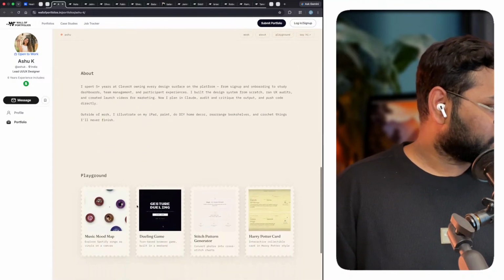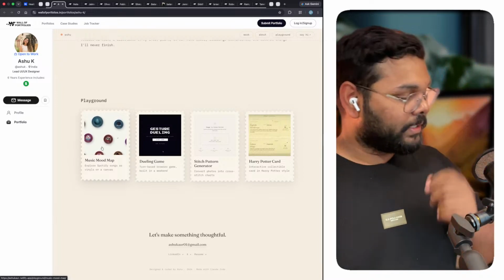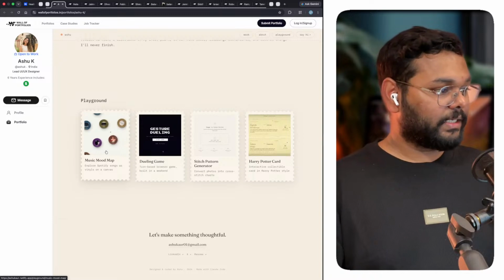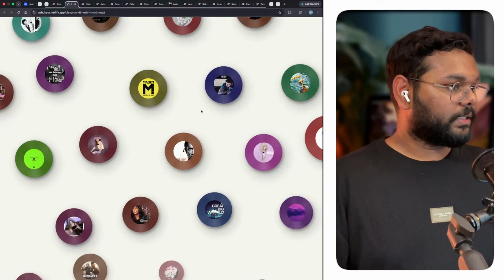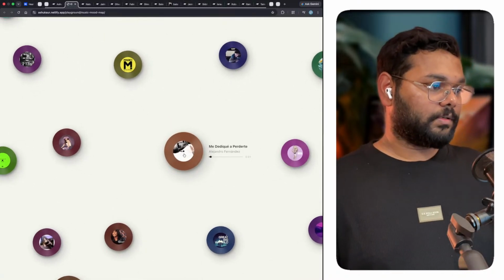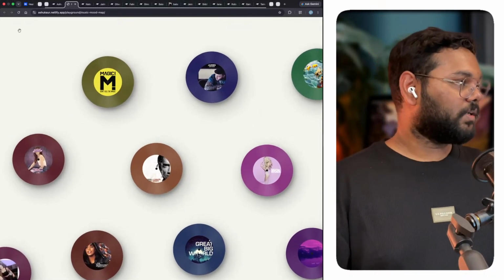Okay, what else? So this is the playground. I think she experimented with AI and put those links here, right? And when you click on it, it plays the song, and it's really cool.